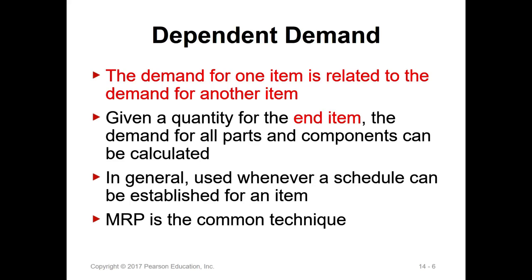But according to the customer's demand, we can calculate that for a given quantity of the end product, the tractor, the demand for all parts and components can be calculated.